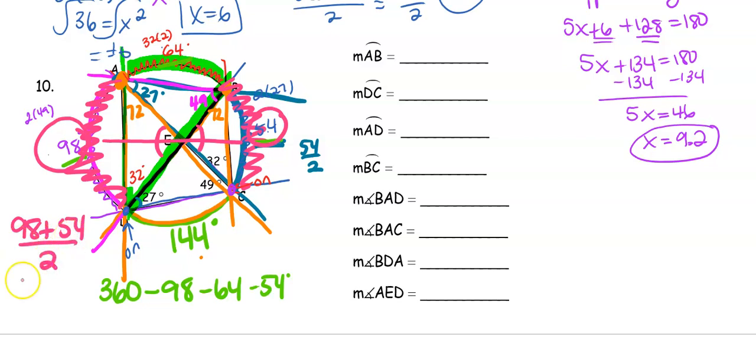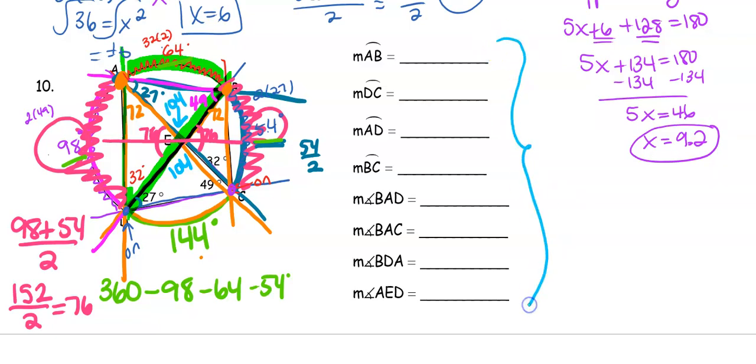So that's going to give me 152. Cut that in half, and that gives me 76. So this angle is 76, and this angle is 76. If I want to find the angle next to it, we do our linear pair, subtract from 180 to find that 104.